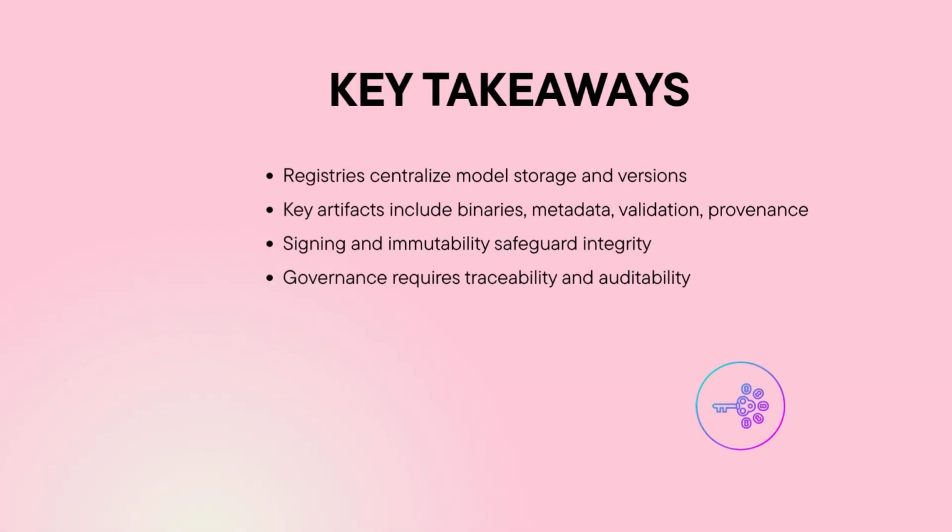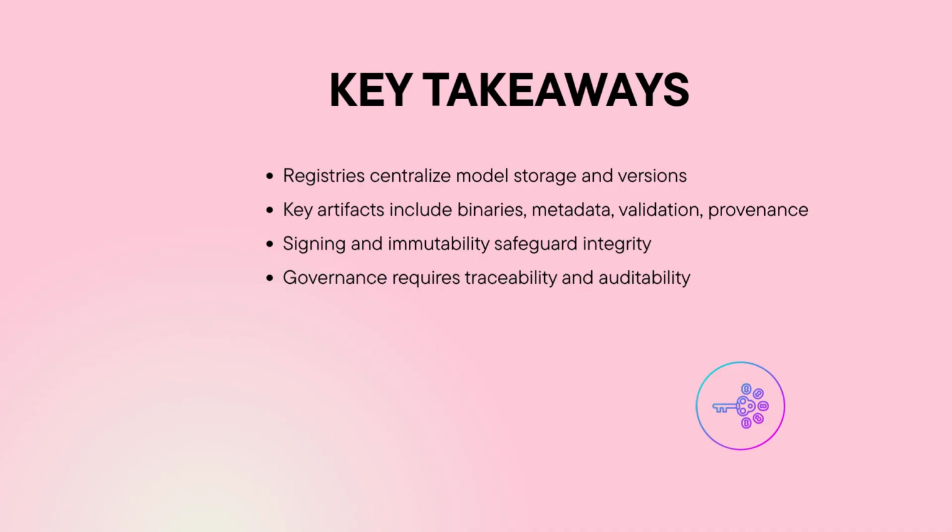All right, so to summarize, model registries and artifact management form the backbone of responsible AI deployment. They provide a central repository for models, ensuring reproducibility and collaboration. Artifacts such as metadata, validation outputs, and provenance enable full transparency.